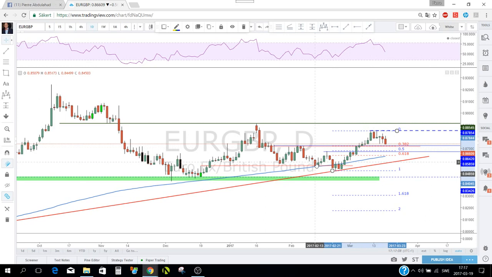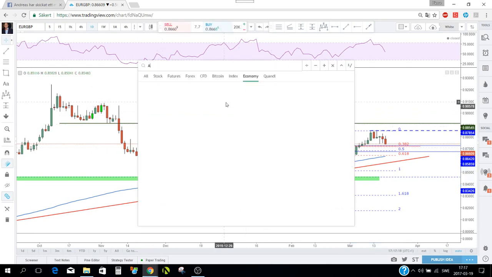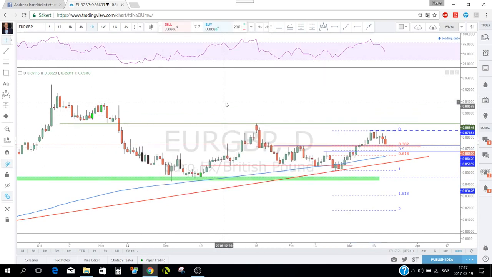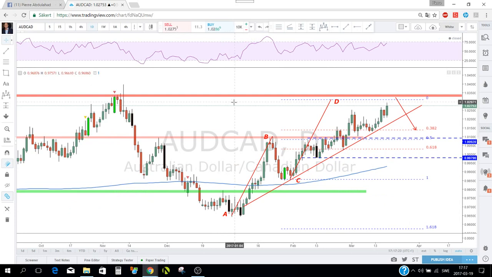Possible butterfly pattern on Aussie CAD, yeah, possibly. I actually don't trade those harmonics, so I will not say yes or no on that one, but yes, it is a harmonic move.